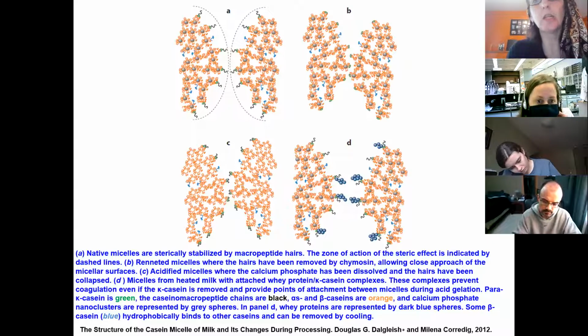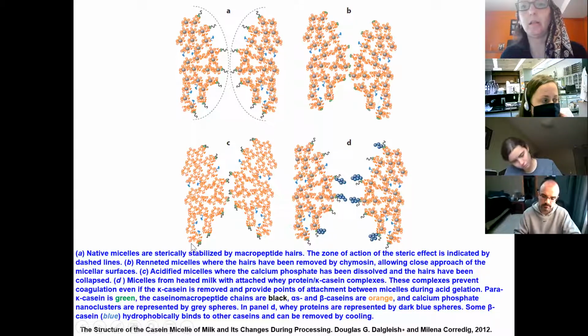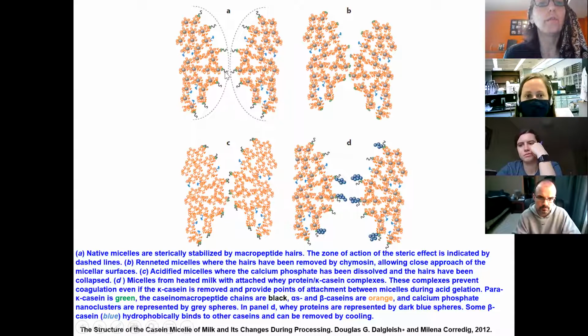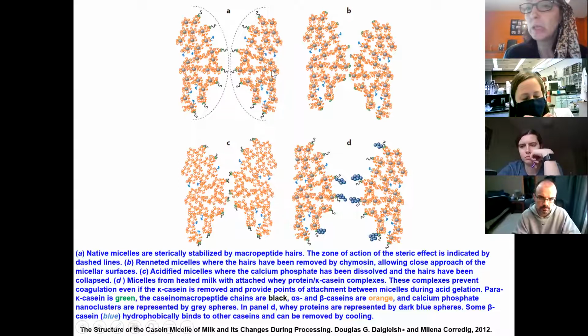So this is the illustration I talked about. It's going to tell you what happens under different conditions. The first one here, A, is where everything is intact. You have your glycomacropeptide, which causes a repulsion between the casein micelles, and the casein micelles form a stable colloidal system.